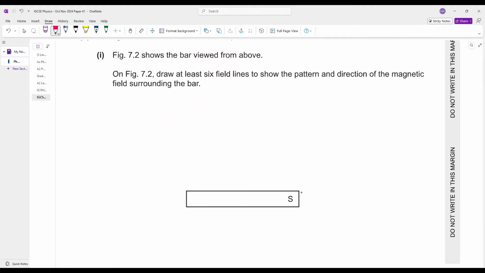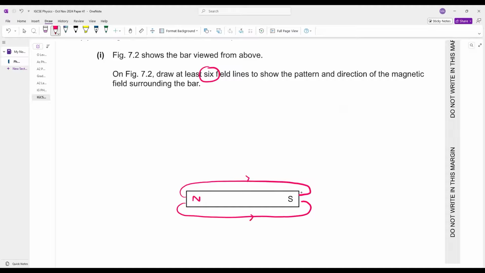The right hand of the bar is the south pole. Okay. Figure 7.2 shows the view from above. On figure 7.2, draw at least 6 magnetic field lines to show the pattern and the direction of the magnetic field surrounding the magnet. This is south, this will be north. Magnetic field lines will emit from the north, go into the south.